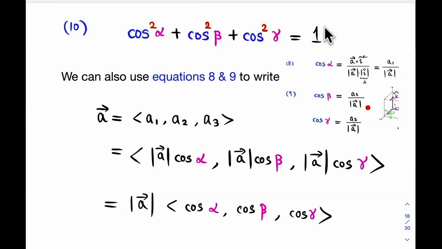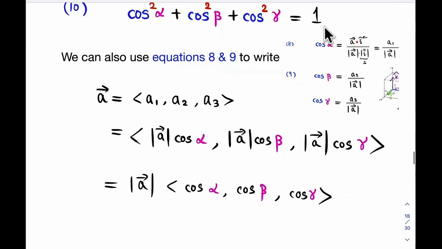What's A2? A2 is the magnitude of A times cosine beta. Similarly for the third. Each component here is multiplied by the magnitude of A, so we can take out the magnitude of A because this is a scalar, and take that out in front of the vector, times the vector cosine alpha, cosine beta, cosine gamma.